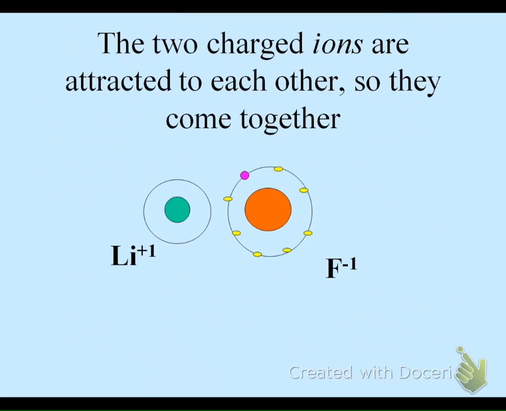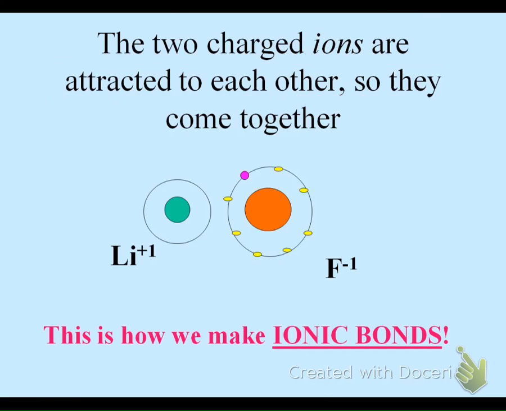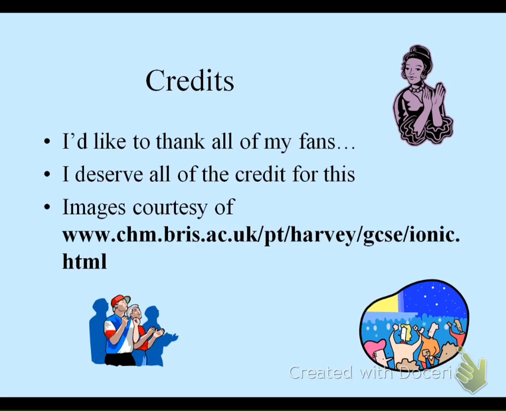Again, ionic bonds never touch. They just come closer together. So this becomes the LiF, or lithium fluoride ionic compound. And that's how we make ionic bonds. Sometimes more than one electron is exchanged, sometimes 3 or 4, but mostly 1 or 2 for most ionic bonds. All right, let me know if you have any questions.